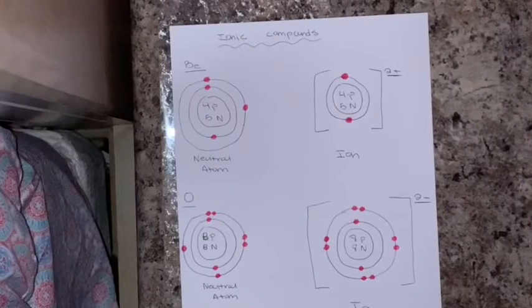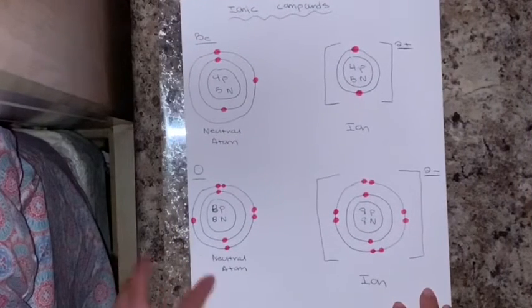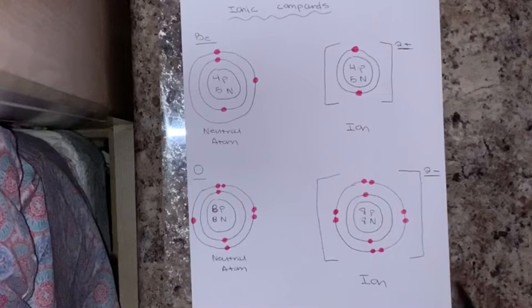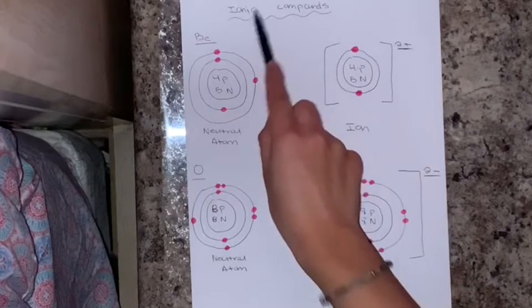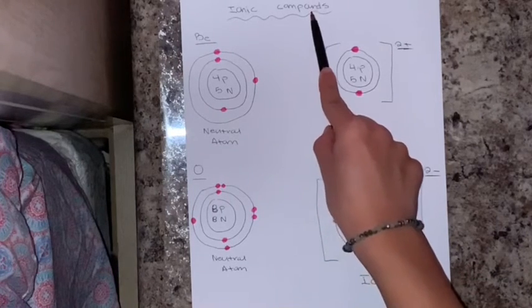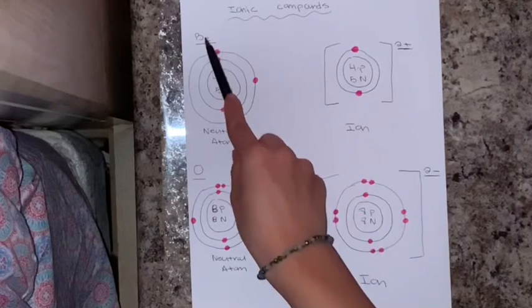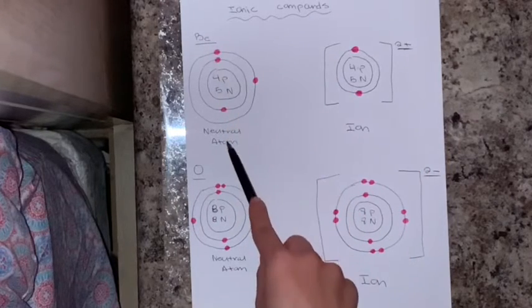And so I'm going to display the video. So we're going to be looking at ionic compounds, and ionic compounds are oppositely charged ions held together by electrostatic forces of attraction. So cations are going to be pulled together with anions because they are oppositely charged.